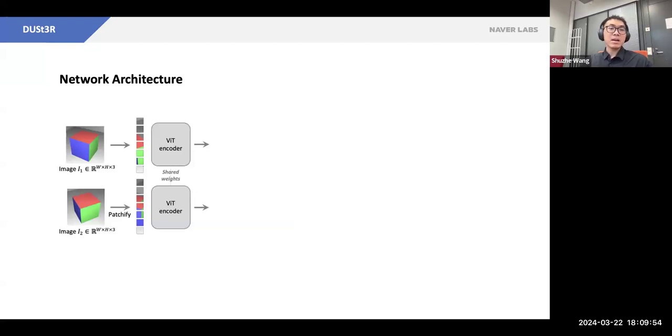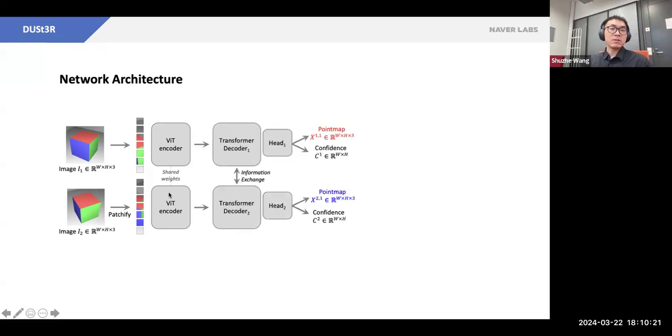Similar to any vision transformer pipeline, we first patchify the images, and then we use a common shared encoder to extract the token representations. The encoder shares the weights, but for the decoders, we use two separate decoders to extract the information from image 1 and image 2, and they exchange information.